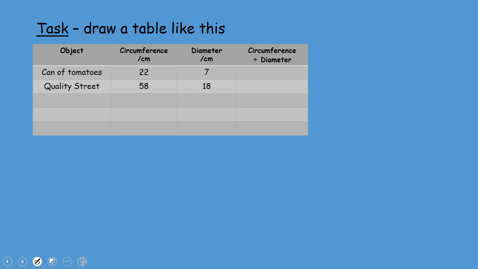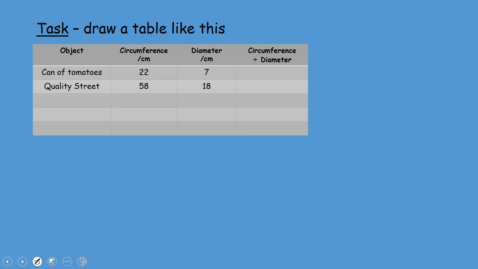So welcome back. So this is what I did. I've only done 2, just to show you as an example what you're going to do. So, using a calculator, what I'd like you to do is, sorry, not a calculator yet, because what we're going to do is fill in this 4th column.